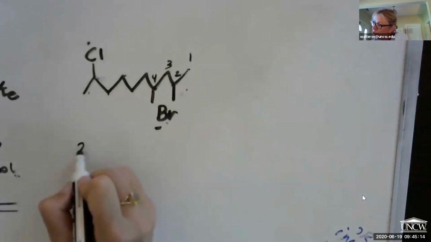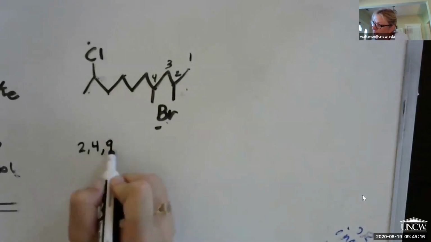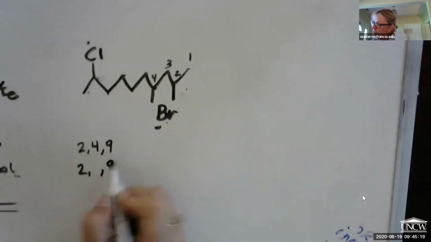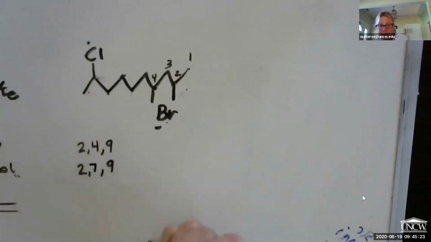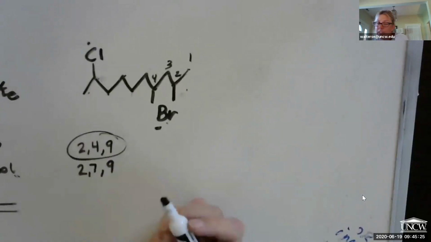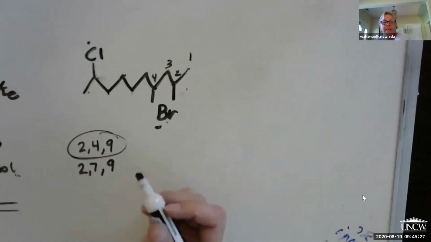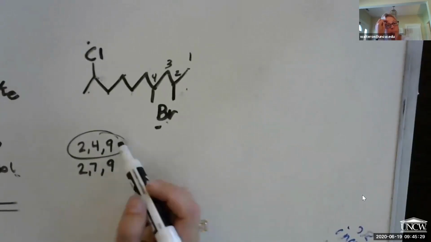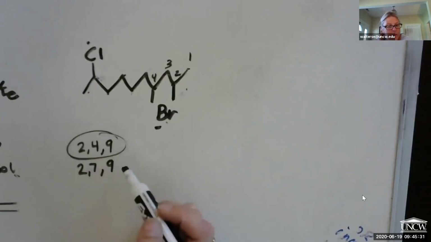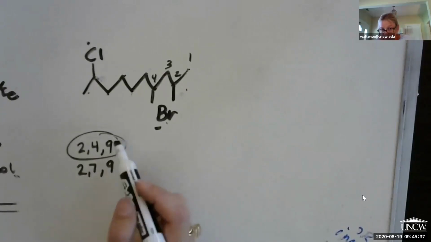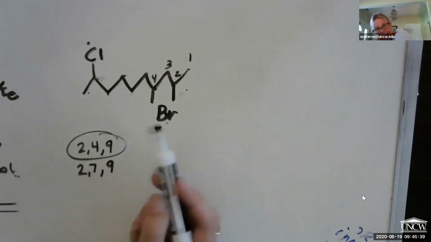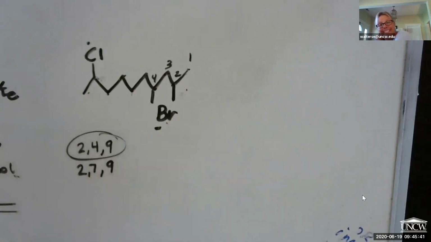So that would be 2, 4, 9 versus 2, 7, 9. So now you have a clear break in the numbering that differentiates one path versus the other. So then the alphabet wouldn't matter in terms of numbering. Not in terms of numbering, but then you would go back to the alphabet when you list them.